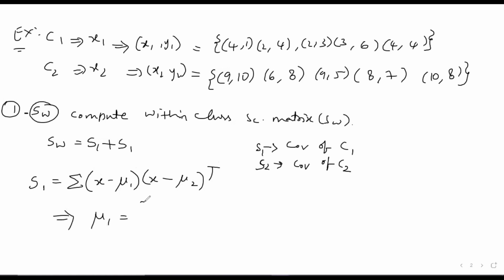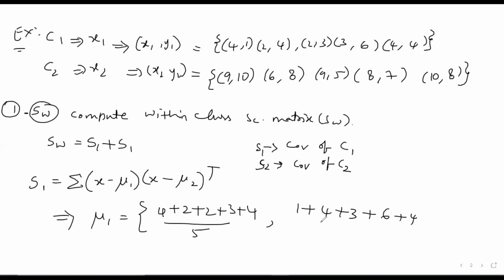Mu1 will be 4 plus 2 plus 2 plus 3 plus 4, comma, 1 plus 4 plus 3 plus 6 plus 4, divided by 5.